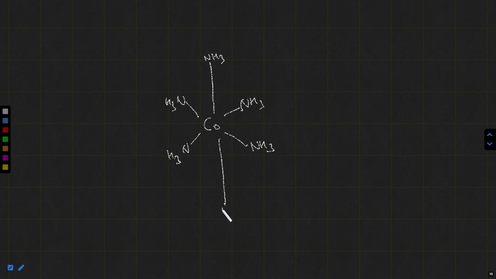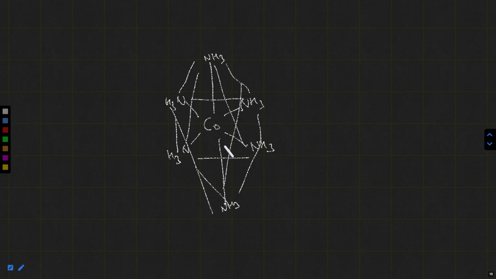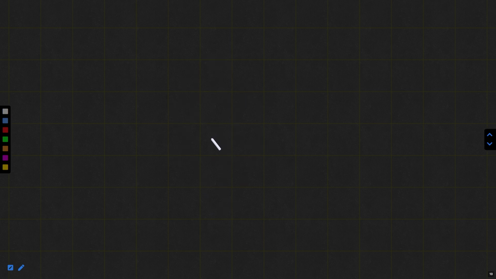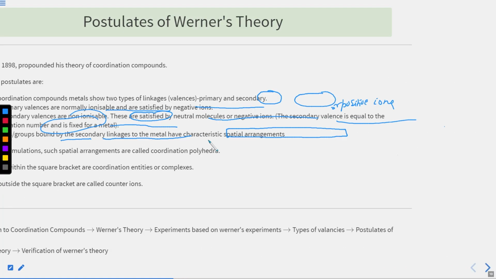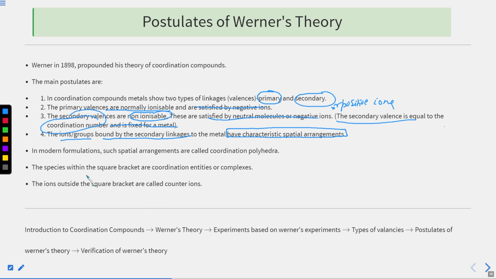Okay, octahedral. So 4 of them are present in plane and 2 are present on the outside. So this is octahedral. The species within the bracket are coordination entities or complexes, whereas the ions that are outside the brackets are called counter ions.